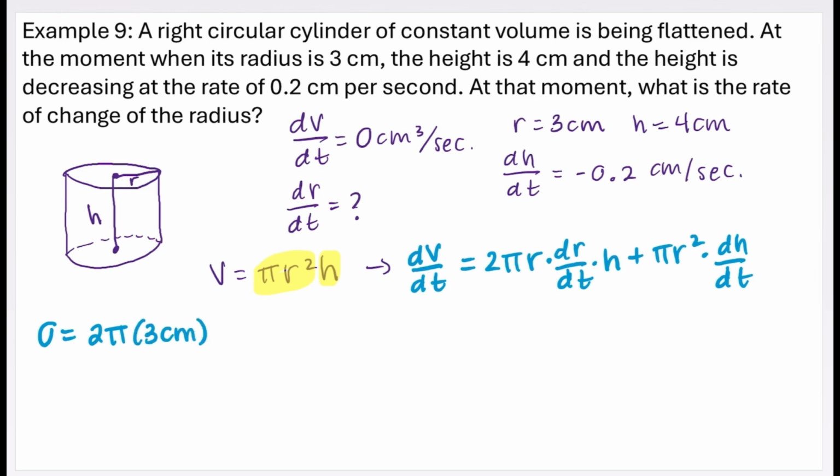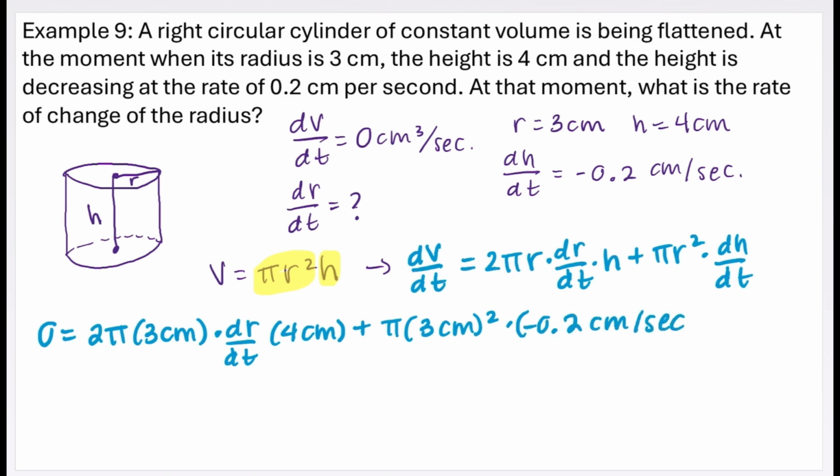And then dr/dt is what I'm looking for, so I'm going to leave that there. And then h is going to be 4 centimeters. And then I'm going to add pi times 3 centimeters squared times dh/dt, which is negative 0.2 centimeters per second.